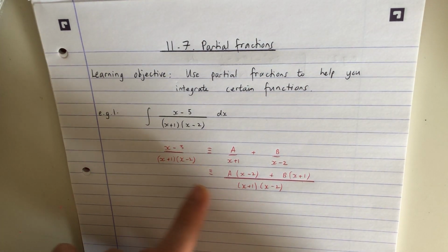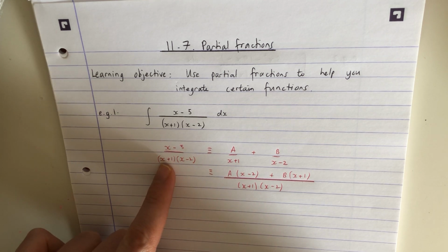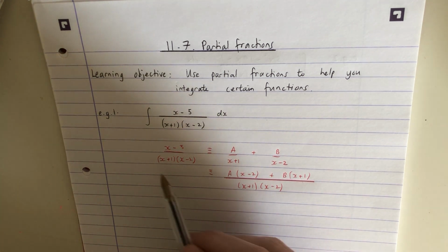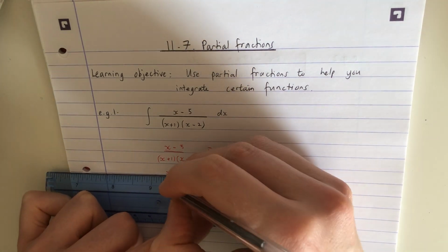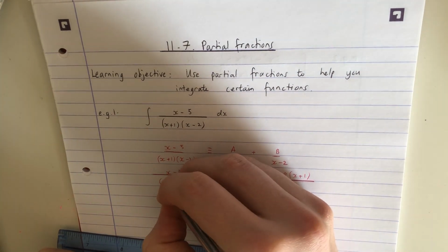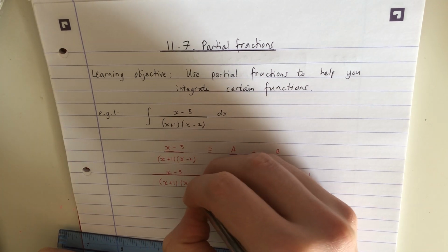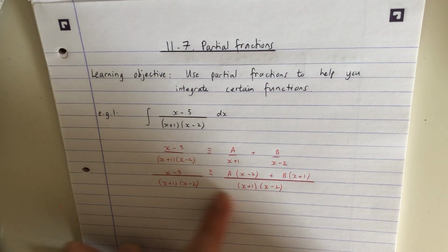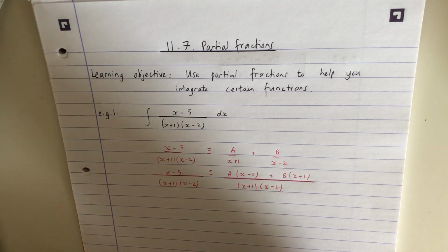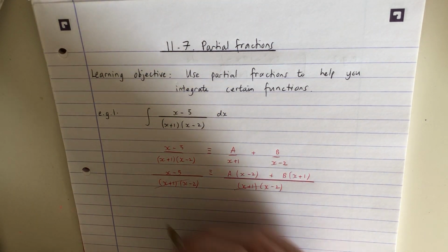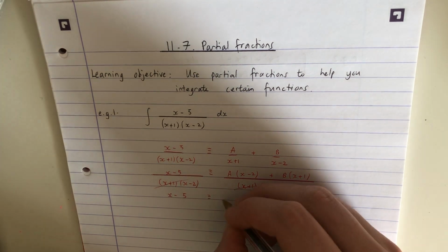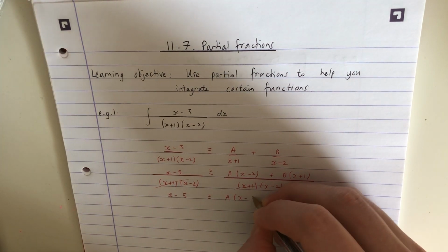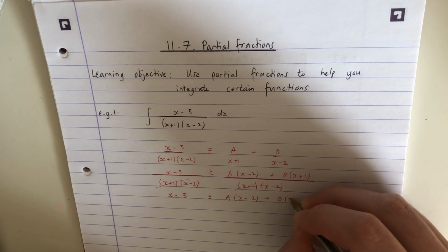And then you've compared both sides, and you can effectively forget about the denominators. (x minus 5) over (x plus 1)(x minus 2). Forget about the denominators, and just the numerators need to be correct. So cancel those off, and you've got x minus 5 needs to be identical to A(x minus 2) plus B(x plus 1).